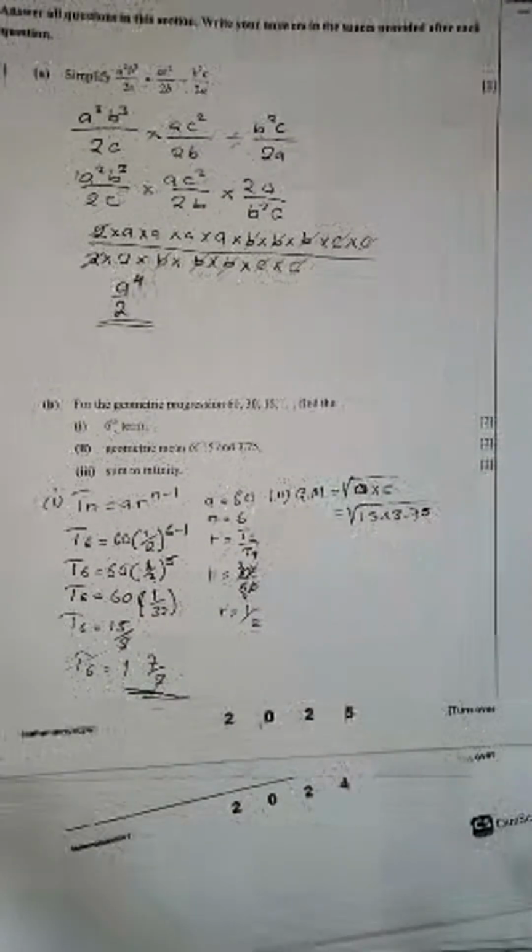Okay, let's multiply the two numbers. 15 multiplied by 3.75. This is giving me 56.25. So the square root of 56.25.